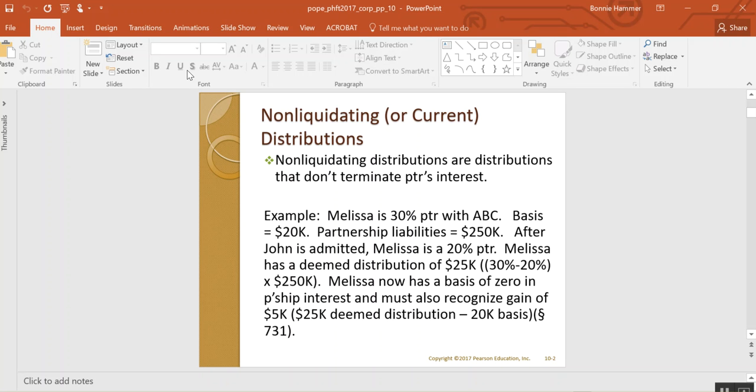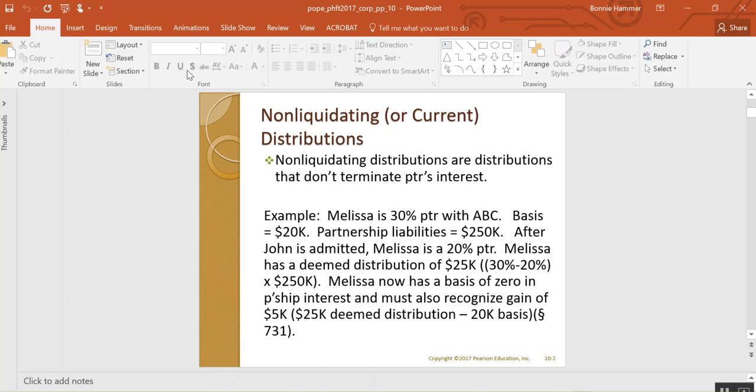So that dilution of partnership interest needs to be reflected in her basis. If she has decreased her interest in the partnership, what do you think we need to do to her basis? Well, we need to decrease her basis by her decreased share of the liabilities.